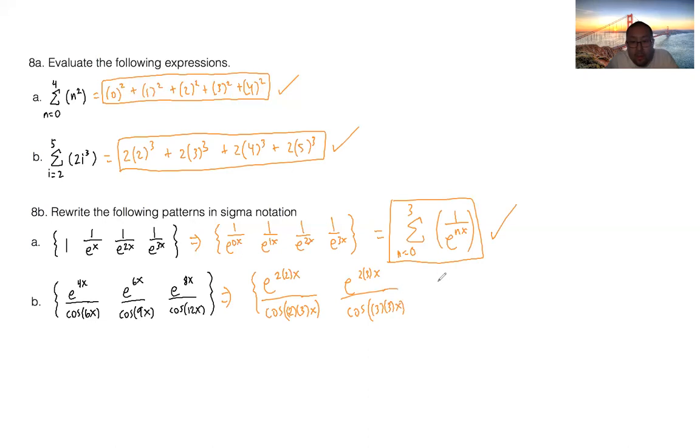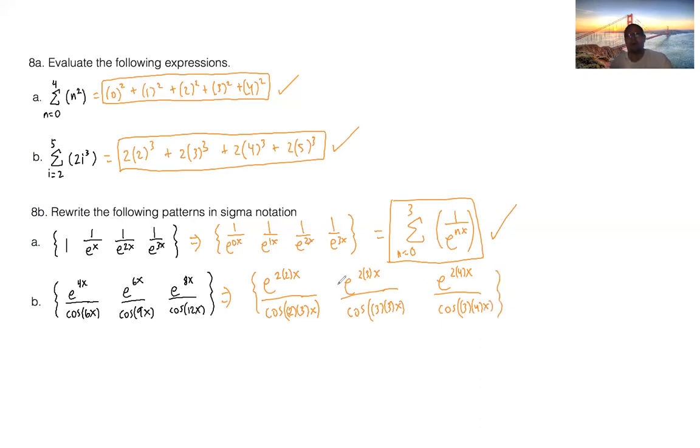The last one is going to be e to the 2 times 4 times x, right? 2 times 4 times x over cosine of 3 times 4 times x.